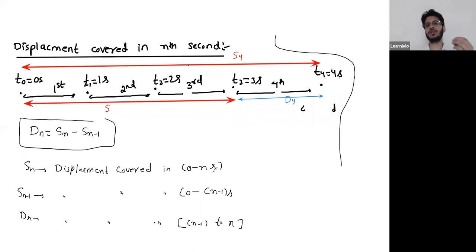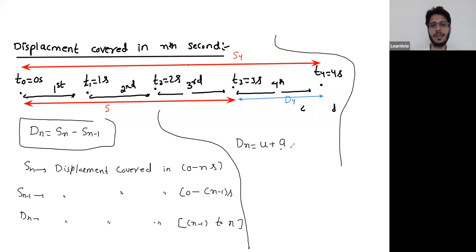So there are two methods to solve this numerical. You can either calculate Sn and Sn minus 1 using ut plus half at square and subtract them to get dn. Or you can use this direct equation, which is dn is u plus a by 2 into 2n minus 1.